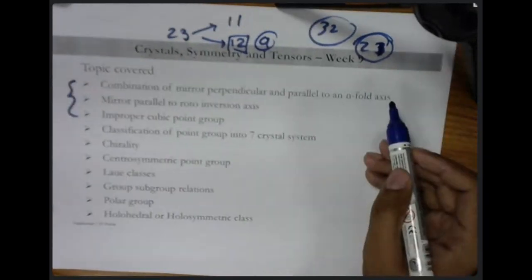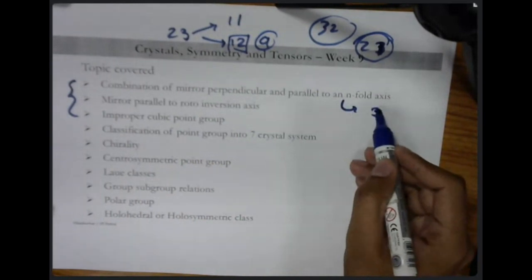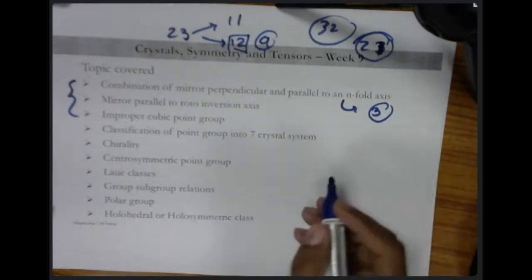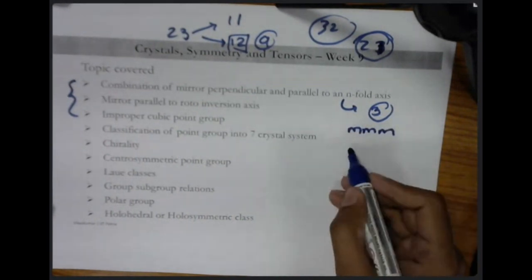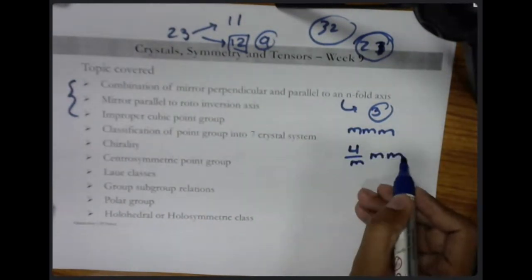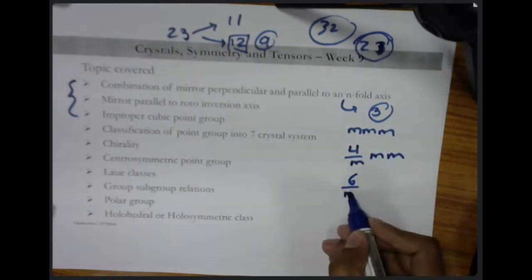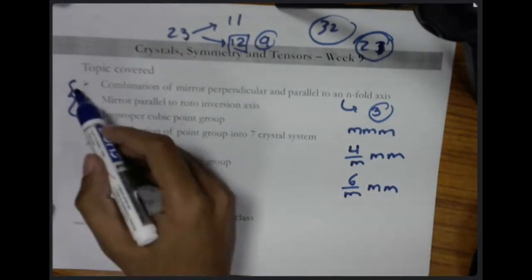So we have seen that the combination of the mirror and plane produced 3 point groups further. We know they are MMM, 4 mm, 4 over M, MM, 6 mm, 6 over MM. So these three we have produced.